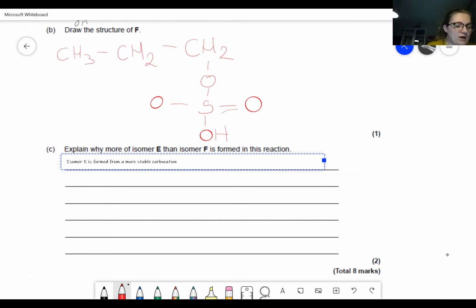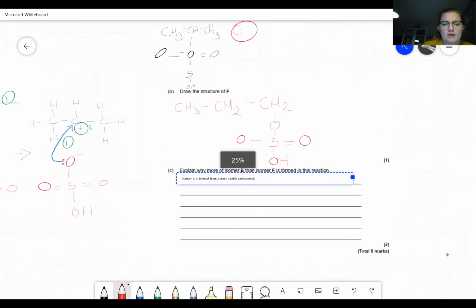And basically why that has happened is that our carbocation is more stable than the other carbocation, and that's because of the number of alkyl groups. So if we have a look here at our alkyl groups that are attached, we've got more alkyl groups attached to our positive carbon atoms.